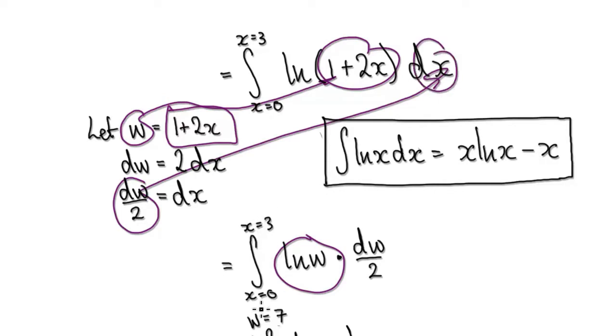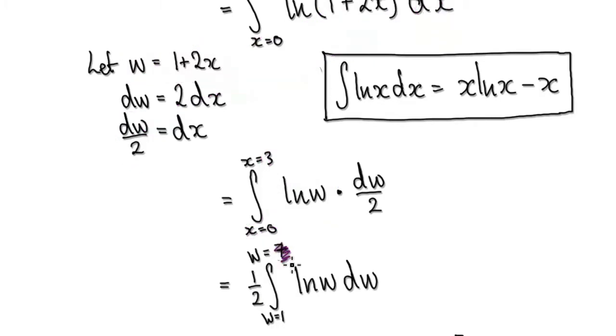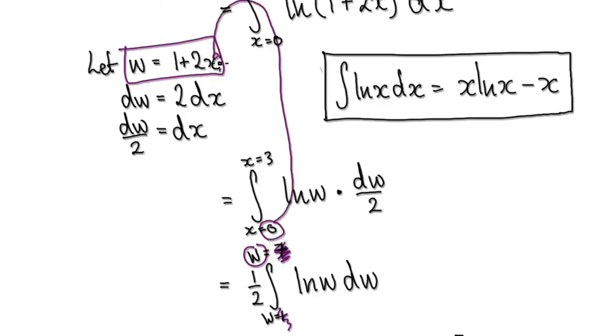So here we are doing from x equals 0 to x equals 3, but we made this substitution, so we need to work in terms of w. Well, we made this substitution here. w equals this thing. So if we're integrating from x equals 0, put 0 into the x, so that would be w equals 1.